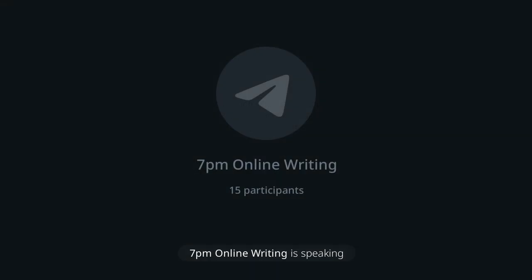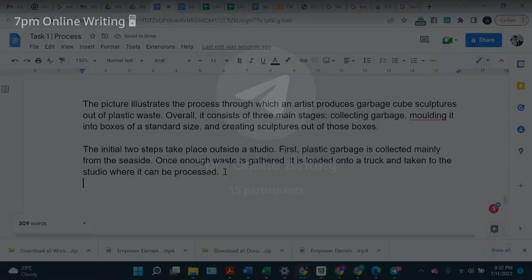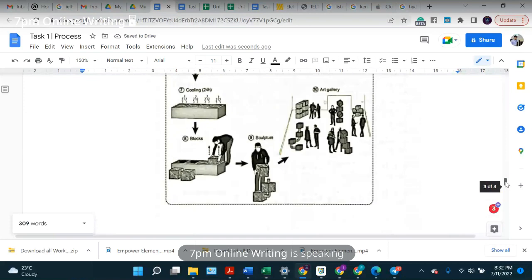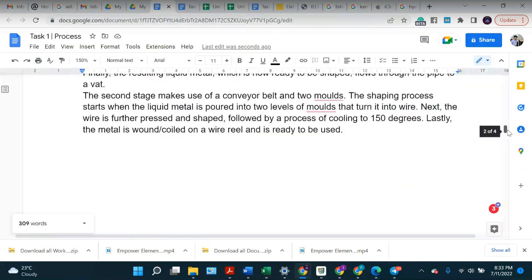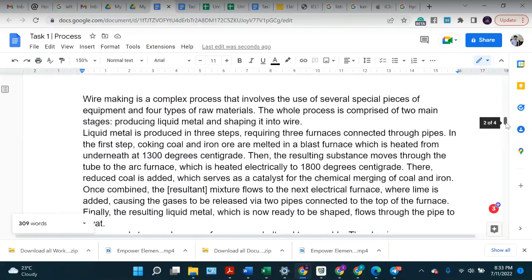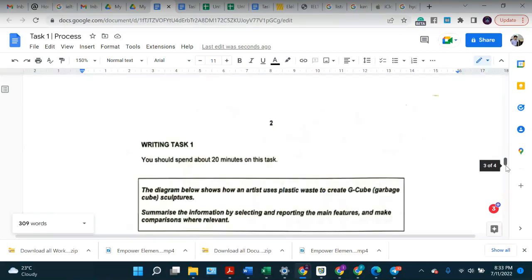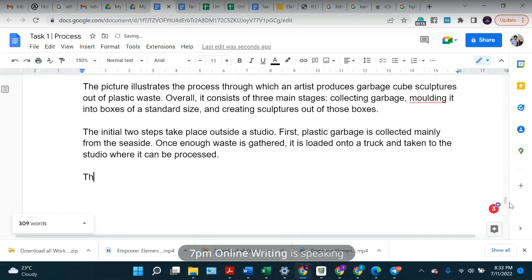We could say something like once in the studio. How would you start this? Whenever I do this, you can see it in the previous one also, I like to refer back to the introduction. So in the exam I would say something like the molding stage starts with something.